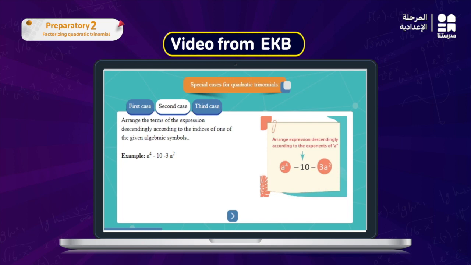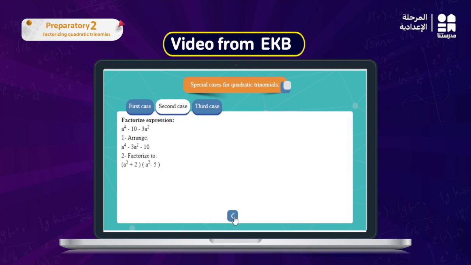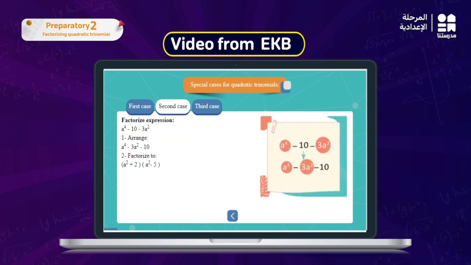A to the power 4 minus 10 minus 3a to the power of 2. From the example we note that symbols a have two powers, 4 and 2. So, according to the indices, we will arrange the expression. Press on the arrow to learn how to arrange the expression. We arrange the expression with respect to the indices or the exponents of the term.